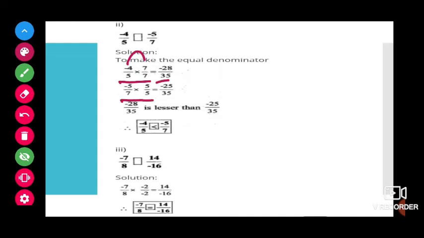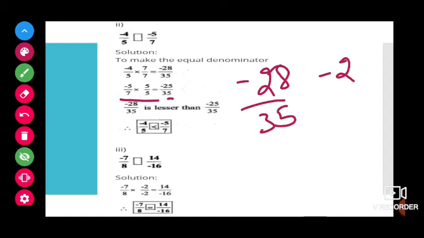Next, minus 5 by 7 into 5 by 5. That is, to get the 35, 7 should be multiplied with the 5. So, minus 5 by 7 into 5 by 5, we will get minus 25 by 35. Now we are having minus 28 by 35 and minus 25 by 35. So here both are negative, children. Denominators are same, but we have to compare the numerators. Whenever we are comparing the negative numbers, having more negative is always a lesser number.